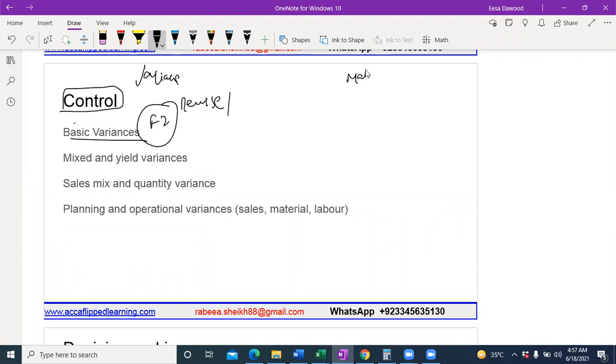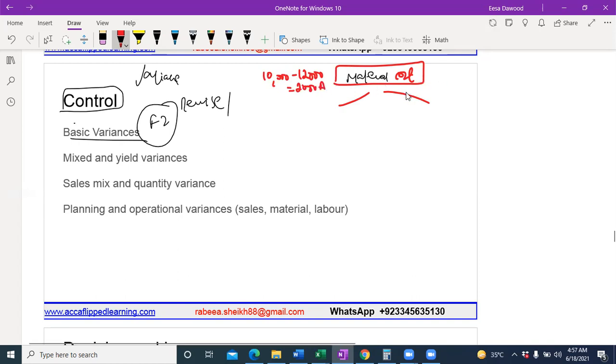Okay, for example, if I tell you about material cost variance, I wasn't able to achieve my budgeted cost. What could be the reason for that? First of all, I will calculate the total variance. For example, the cost should have been 10,000, but the cost was 12,000 and the total variance was 2,000 adverse.